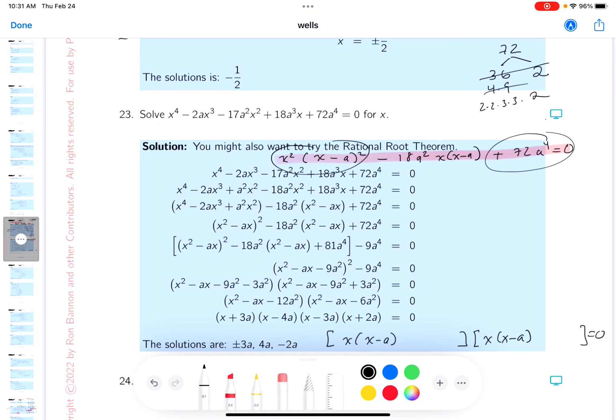Let's see, 9 times 8, yeah, 72. Kind of looking for combinations. I'm going to say 12 and a 6. 2 times 2 times 3 is 12. 3 times 2, yeah, let's give it a try. So I'm going to say 12a squared and 6a squared. That certainly gives me 72.